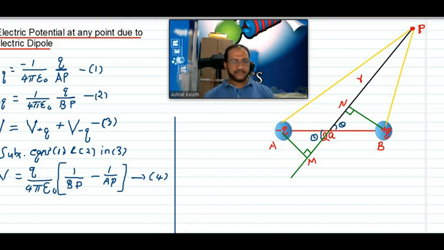Now, write down. Next line. From the triangle AMP, sorry, the center of the dipole we will take as O. This center of the dipole is taken as O, meaning the middle of the 2A distance.